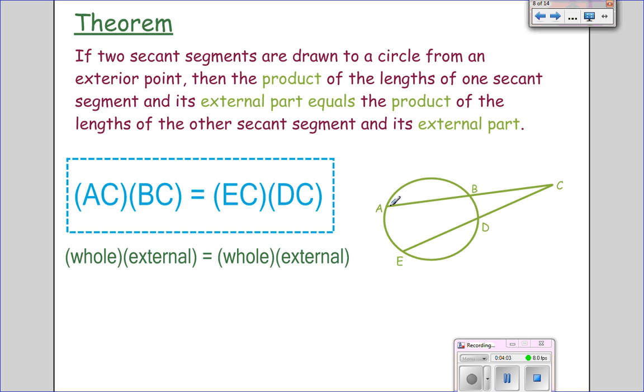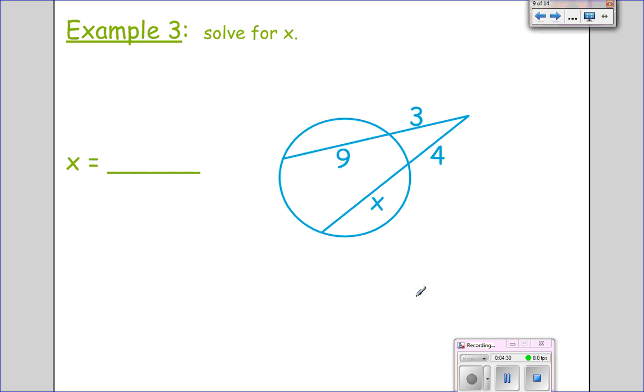In other words, the whole segment, AC, times the outside part, BC, equals the whole segment, EC, times the outside part, DC. And once again, if we were going to prove this, we would draw some triangles, and we'd prove by AA that they're similar, and then set up a proportion and solve that way. So the main thing to see here is that the whole line times the external equals the whole line times the external. So pause and try this out.